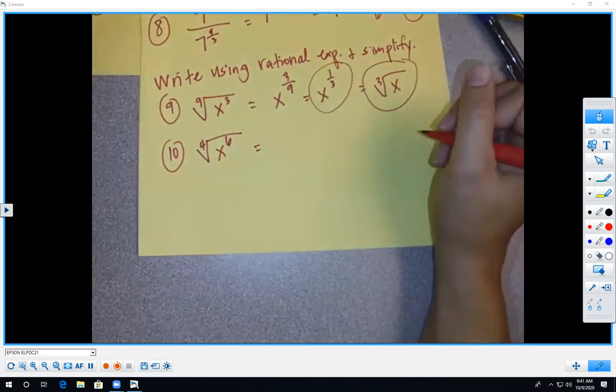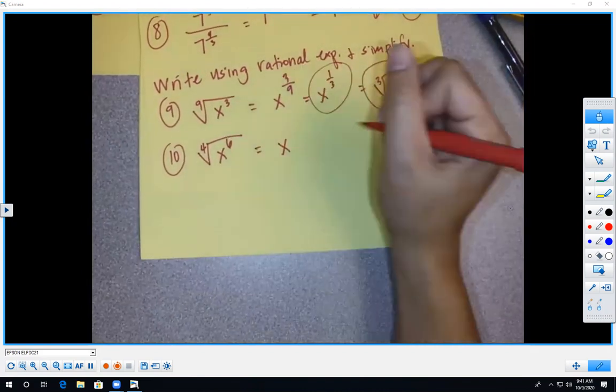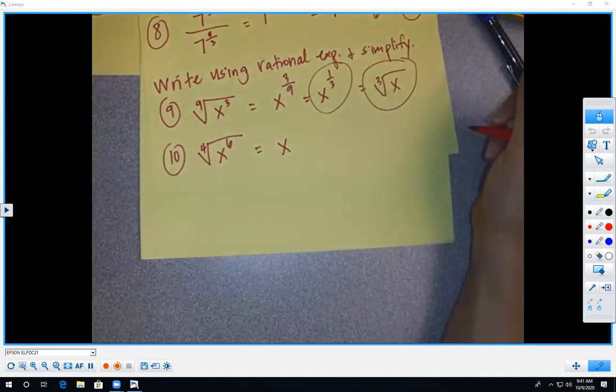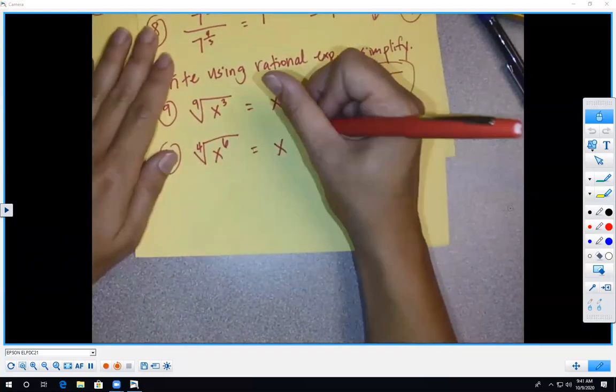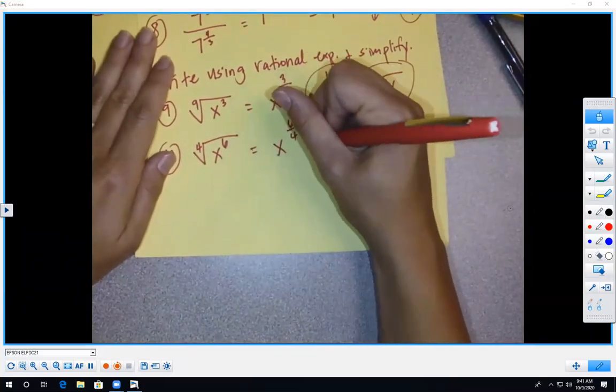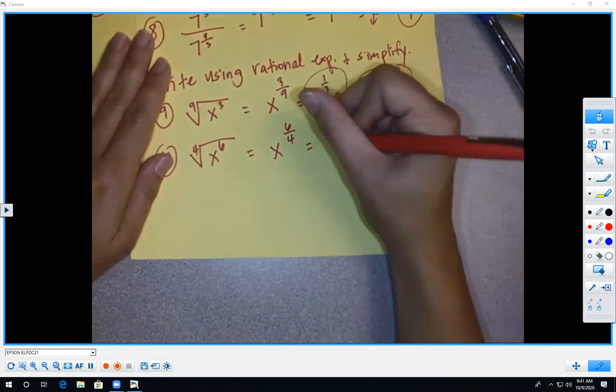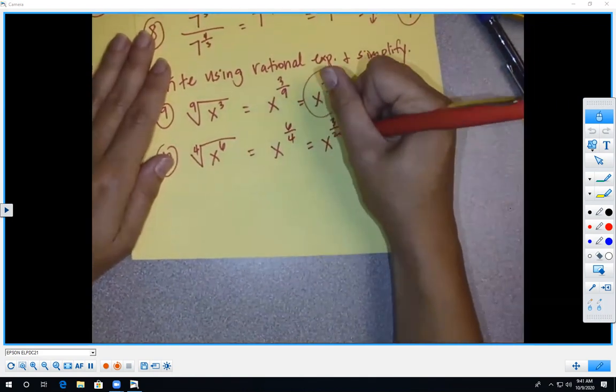If I wanted to write that using rational exponents, my base would still be x. What's the fraction that x would be raised to? 6 over 4, power on top, root on bottom. So 6 over 4, can I reduce that? Yeah, x to the 3 over 2.